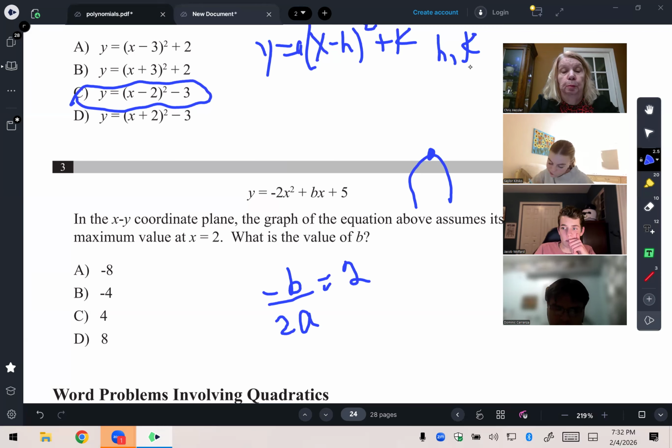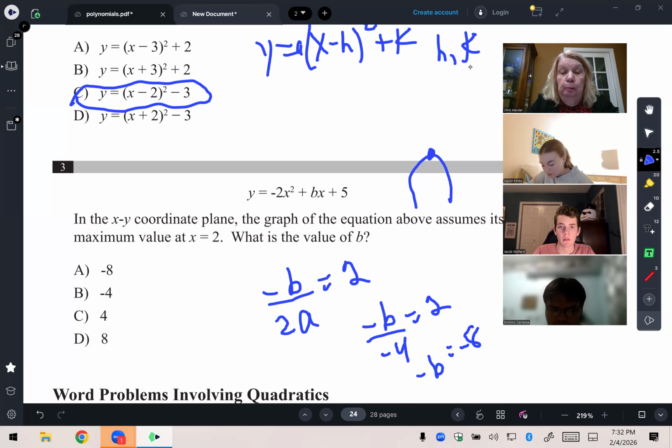And so negative b, a is a minus 2, so that'll be negative 2 times 2 is a negative 4. Multiply both sides, negative b equals a negative 8. So b is 8. Yeah, we couldn't put that in Desmos.